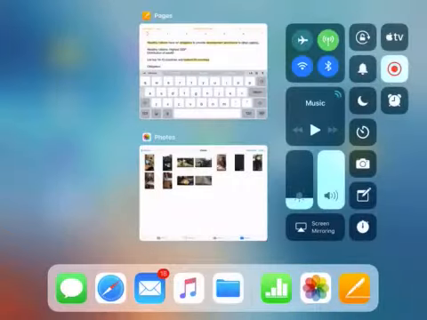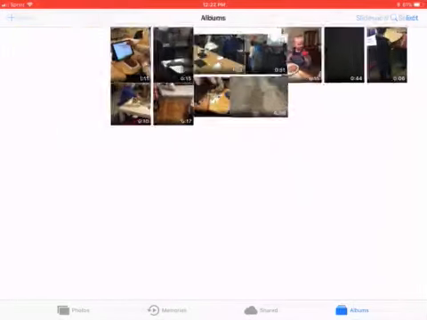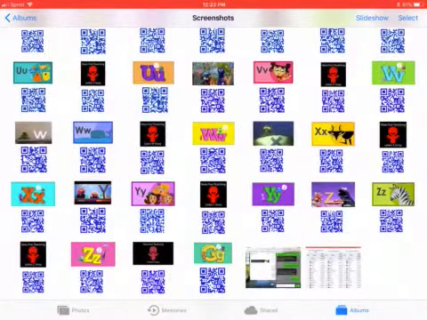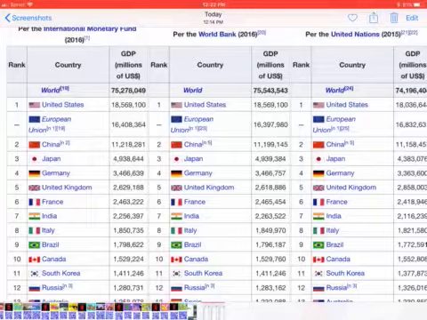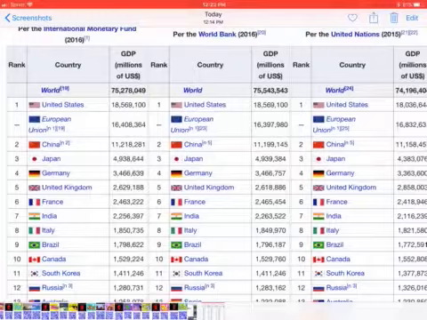But the truth is that when we go and we look at the top 10 countries, there's the United States, there's China, Japan, Germany, UK, France, India, Italy, Brazil, Canada. Those countries do not all have the same viewpoint on life. They don't have the same cultures.